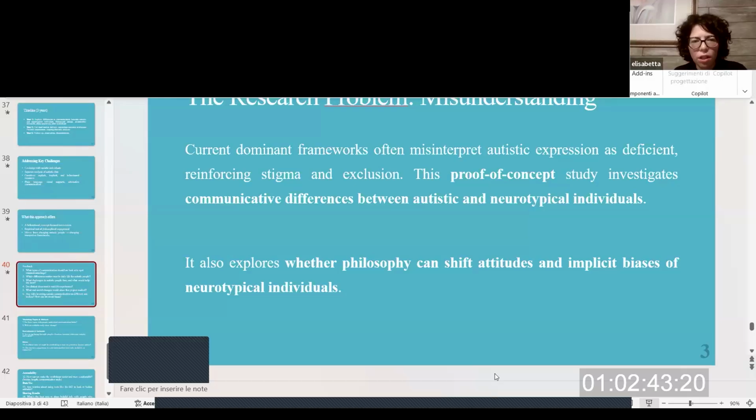Yeah, I think she left. To be honest, I don't think we can teach empathy. I don't think philosophy can teach empathy. And I think also that you cannot train someone to be empathetic.